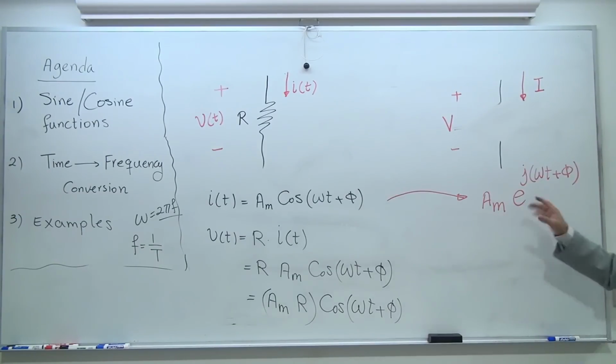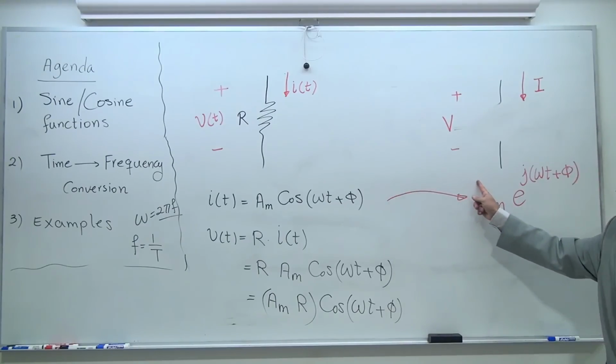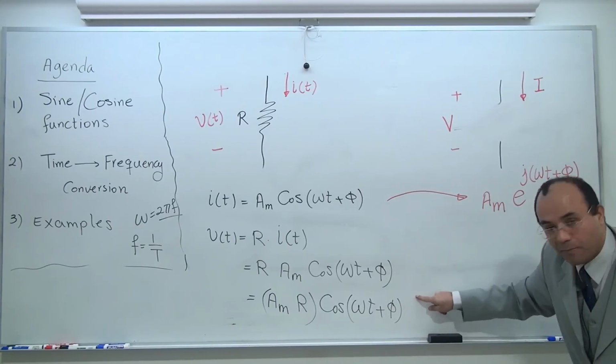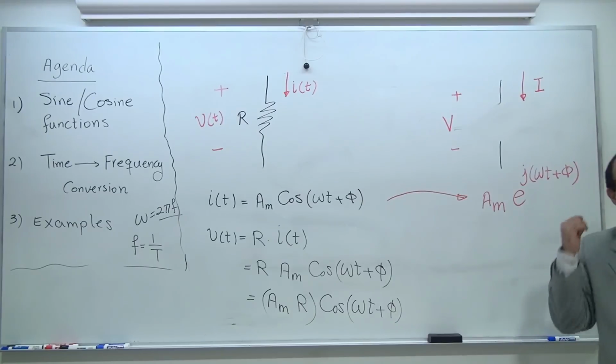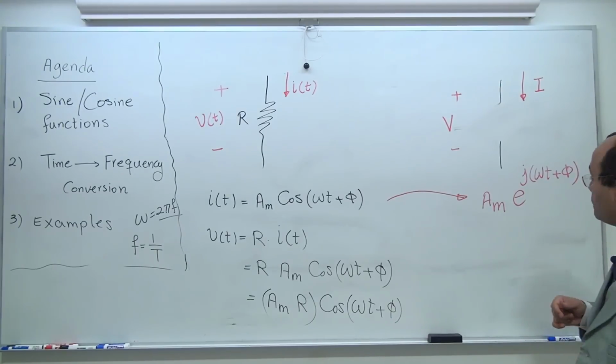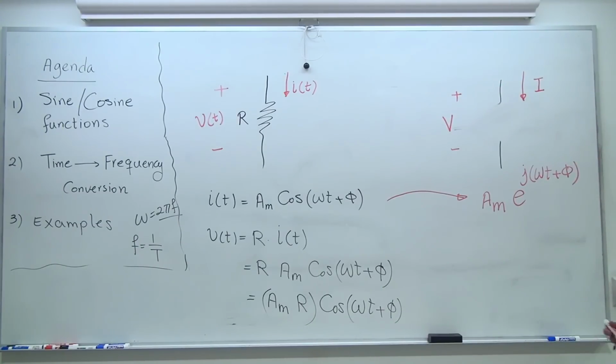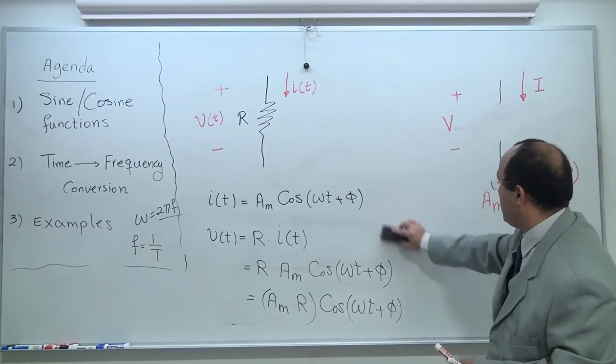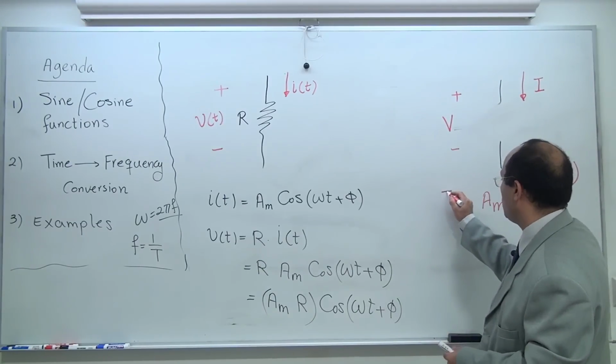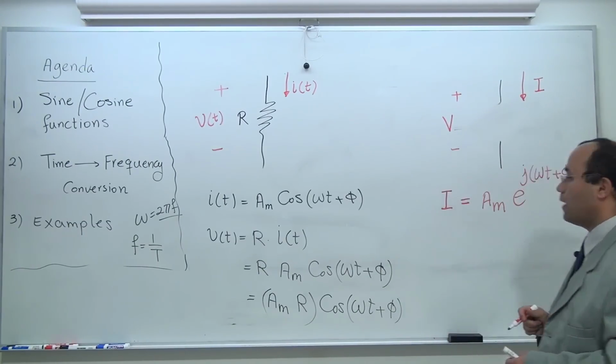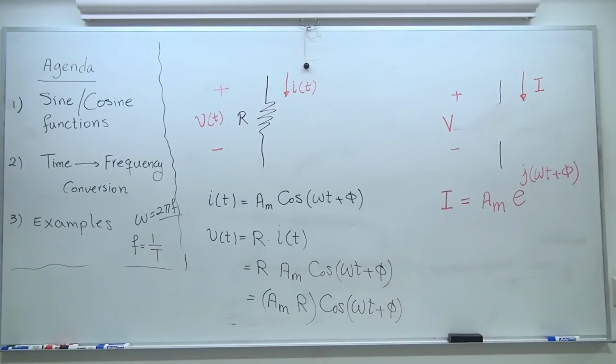Everything is in complex. Do whatever you want to do in the complex. Whatever you went through, you need to inverse it back. So it has to be invertible. Okay. My current in the frequency domain is going to be I equal to A_m e to the power of j(omega t plus phi).